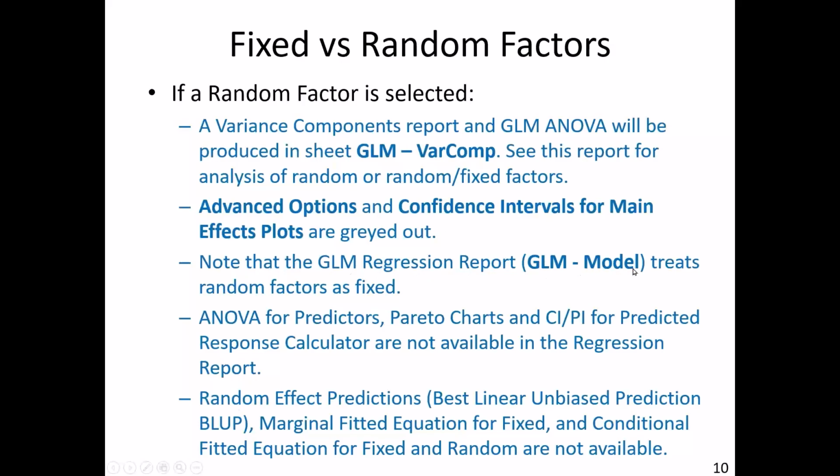In the GLM regression report, random factors are treated as fixed. Okay, so that's why the focus is on the VARComp report, not the model. But if you want to do some predictions, the way we do it is we treat the random factors as fixed. Now, there is something called mixed model, which is a more advanced version of modeling that takes into account the random factors and does things like what are called best linear unbiased prediction, marginal fitted equation, conditional fitted equation.